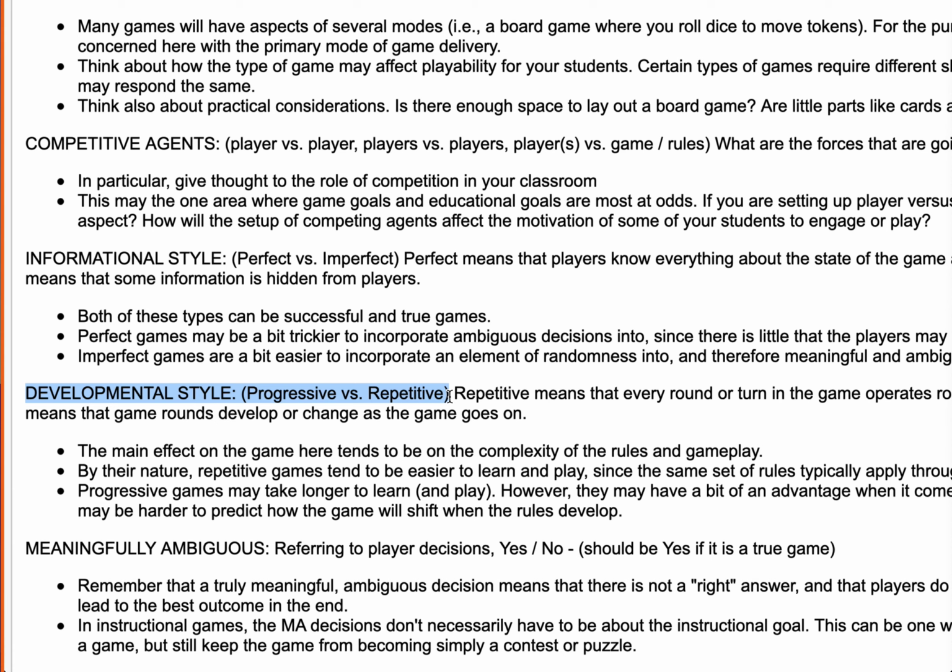And then you cross over a bridge, and the last chunk of the game operates differently because your goal there is to try to finish out and so on. So, in a game like that, where it progresses through phases, the rules are changing, or at least what the players are trying to achieve on each turn changes as the game progresses. So that's what the progressive is.